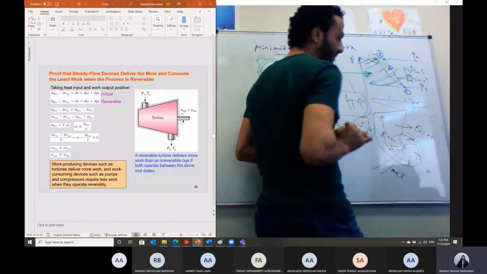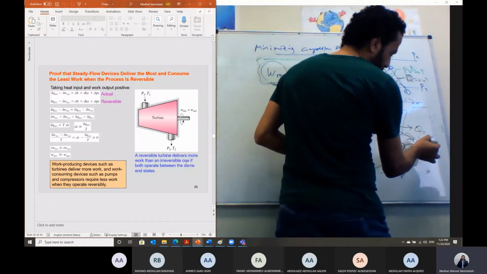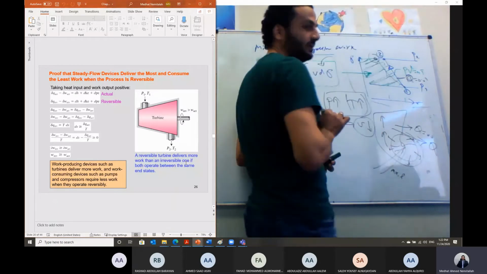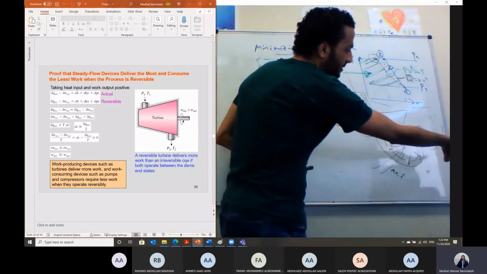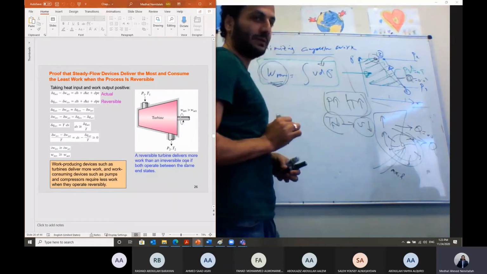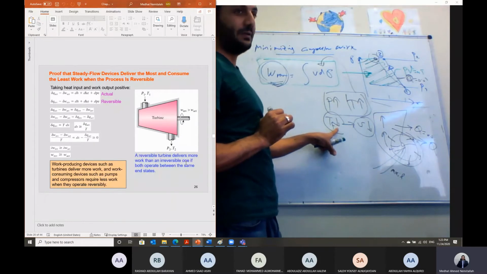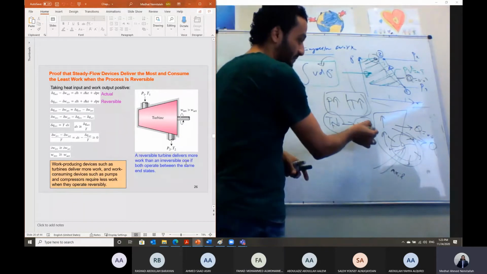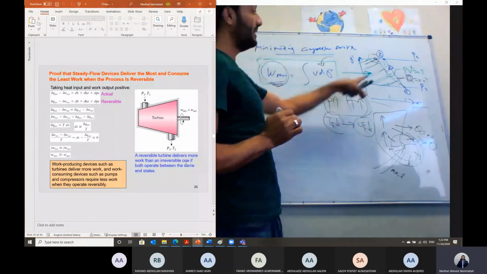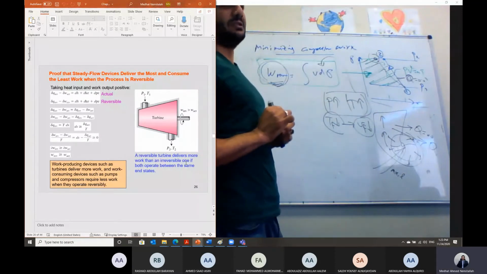But if I allow this compressor to exchange heat with the surroundings, it will lose some heat. For the same pressure, the final temperature will be reduced, and the final volume will be decreased. In this case, the work for the compressor will be reduced.